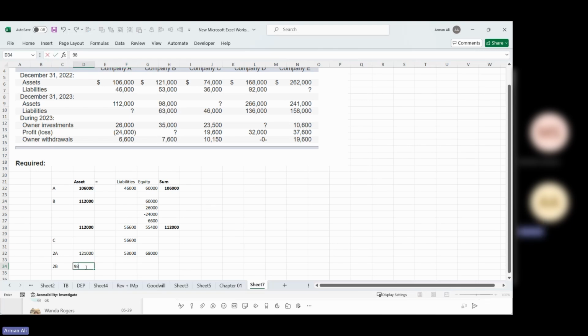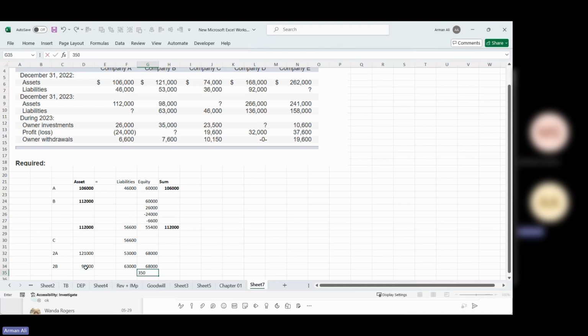98,000 is the asset. This is the last that I have to go. 63,000, sorry, 53,000 is my liability. What am I doing? Sorry, 63,000 is my liability. And then we have a brought down figure of 68,000 from 2022.